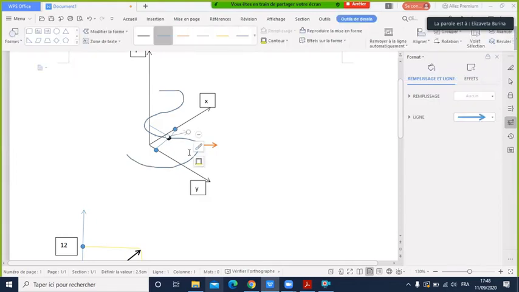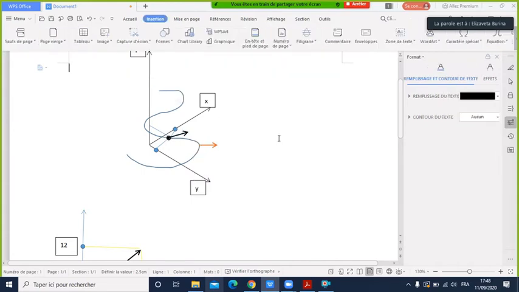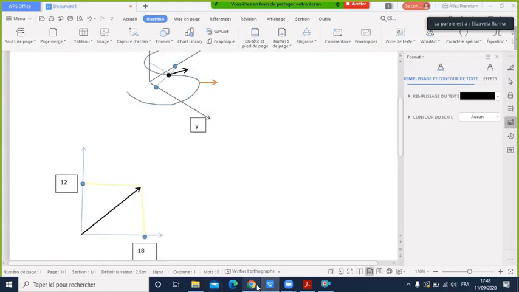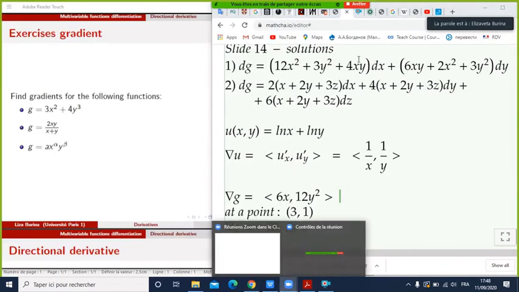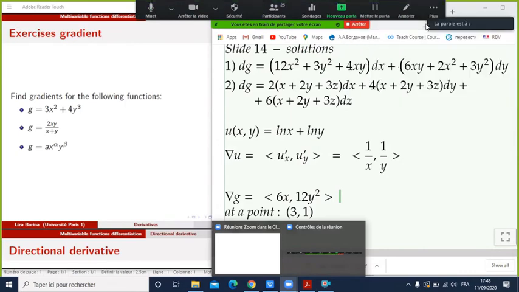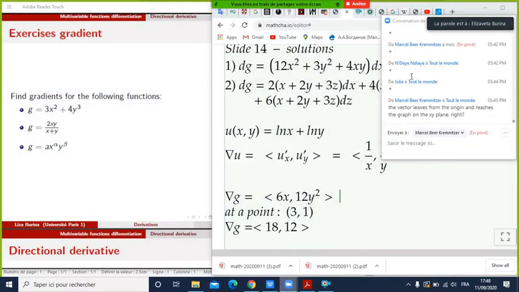I'm just putting it randomly because I don't know the function, but it will be the same vector, just lifted and placed to the point where we started from. And this lifting is a parallel transformation, so this black vector is absolutely parallel to this vector. Okay, do you have any questions?